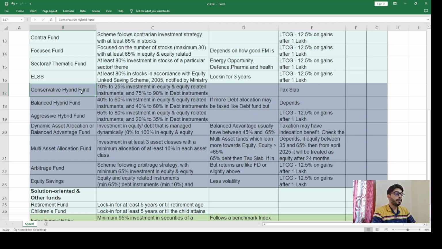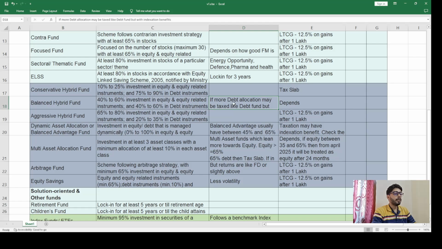So conservative hybrid. This will invest 10 to 25% in equity and 75 to 90% in debt. So this is more or less a debt fund. Balanced hybrid fund has 40 to 60% of investment in equity related instruments and 40 to 60% in debt. So it may vary, say 50-50 in equity and debt. If more debt allocation is given in this balanced hybrid fund, then it will be taxed like a debt fund.